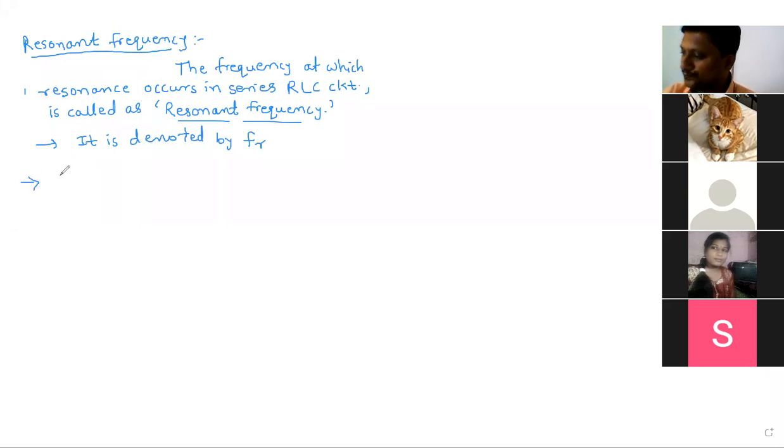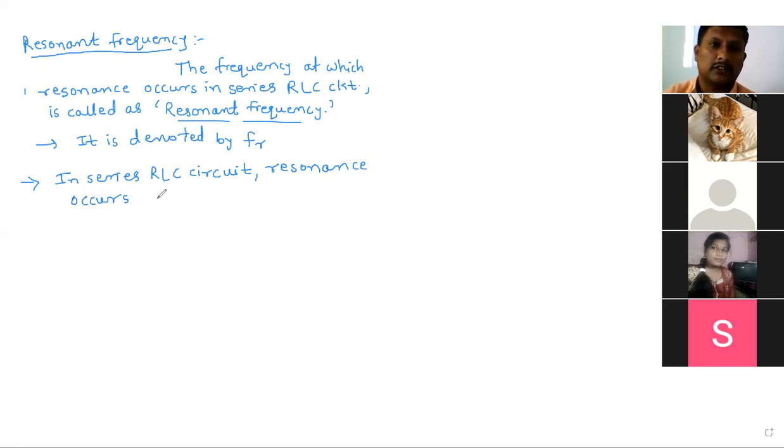We can consider a series RLC circuit. In a series RLC circuit, resonance occurs when XL is equal to XC.